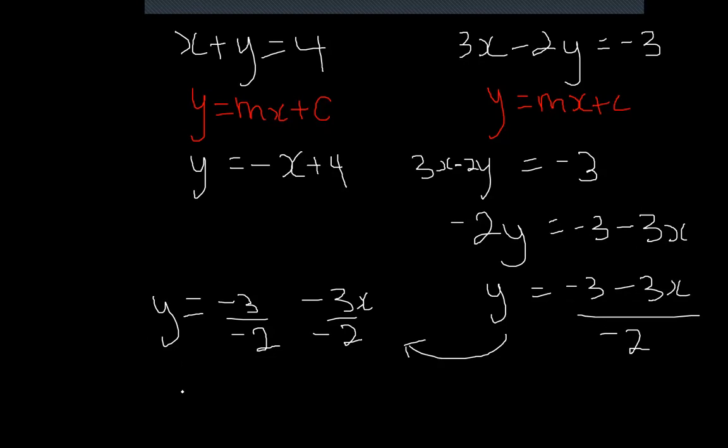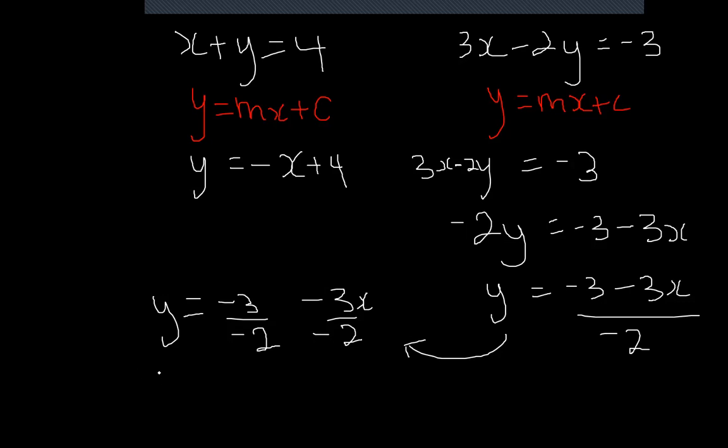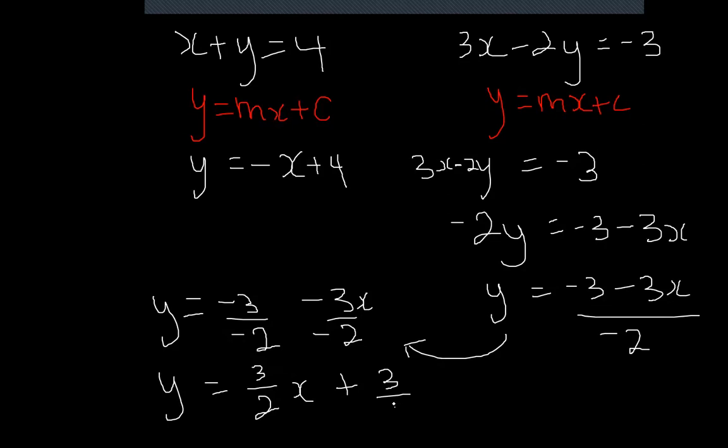I want to show you, a minus and a minus is a plus, or you could say the minus is cancelled. So I end up with y is equal to 3 on 2x, because I want it in this form. So that's why I put 3 on 2x here. Minus is cancelled, so I get plus 3 on 2.